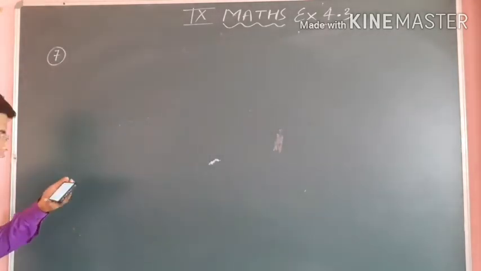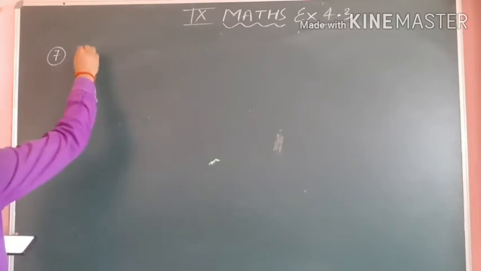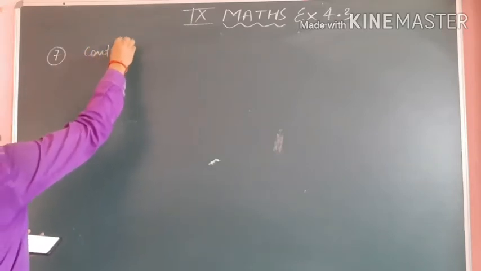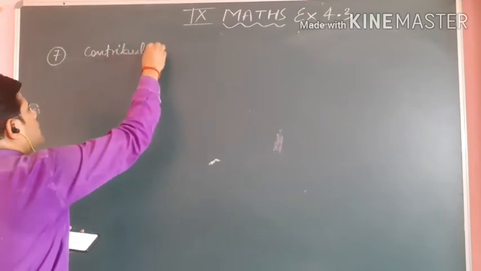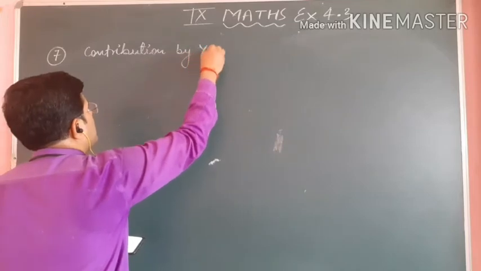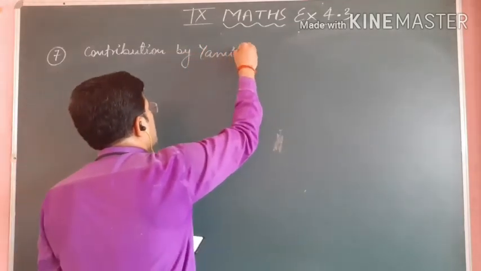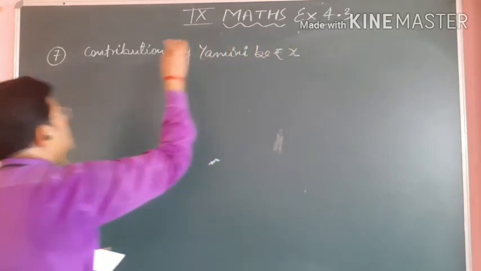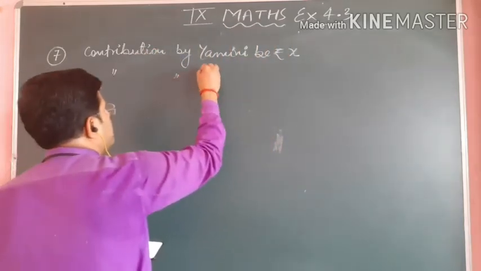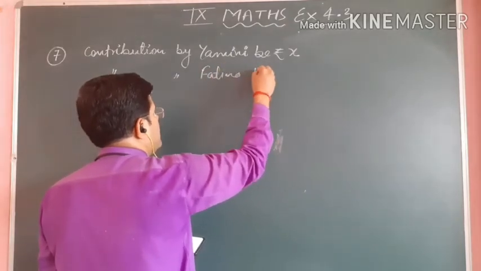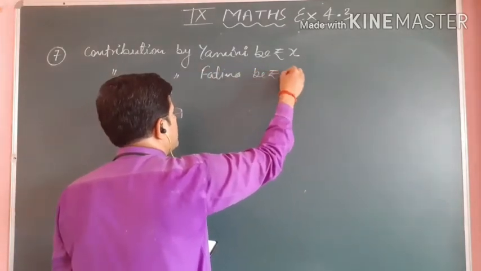So here two girls are there. Firstly we have to write the contribution by Yamini as rupees x, and the contribution by Fatima as rupees y.